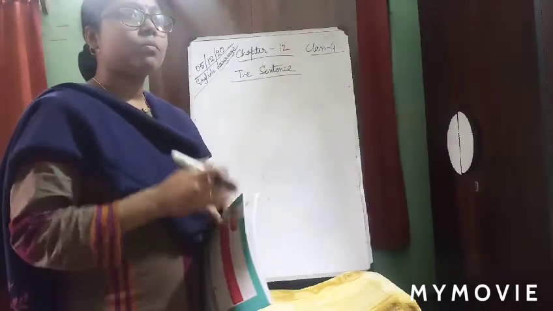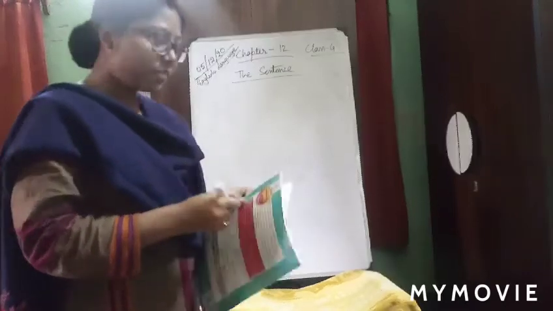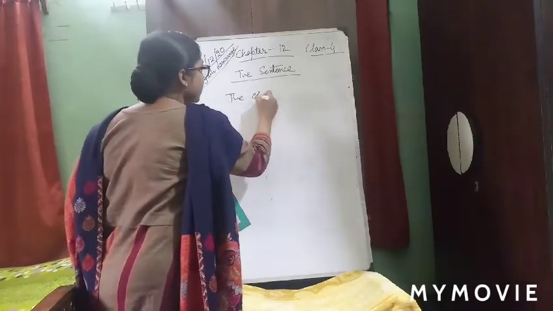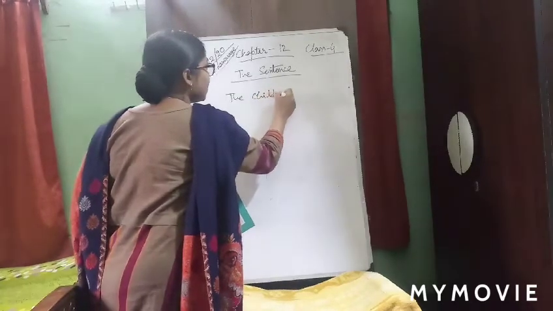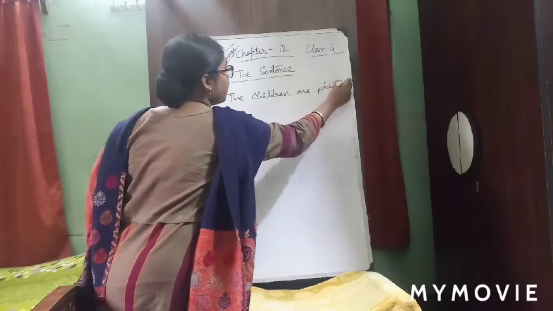Okay, so in the last class we discussed the noun part and the verb part. One sentence I'm writing: The children are playing.